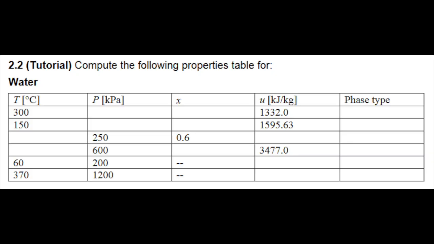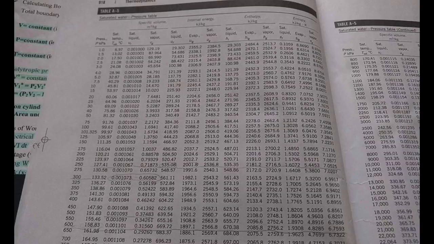Alright guys, on to the next one. We have 600 kilopascal as pressure, and as internal energy we have 3477.0. So now let's take the table of the saturated water at 600 kilopascal and compare the value that we have of the internal energy with the ones on the table.